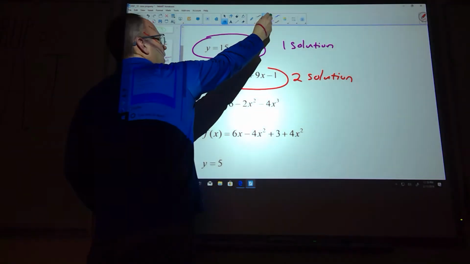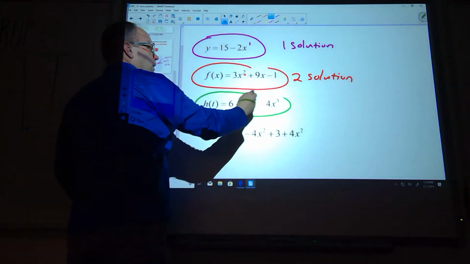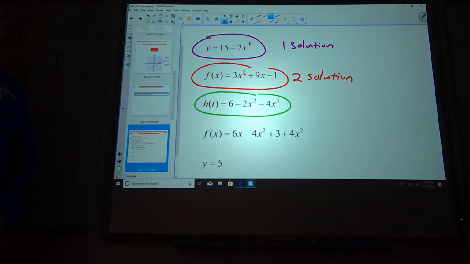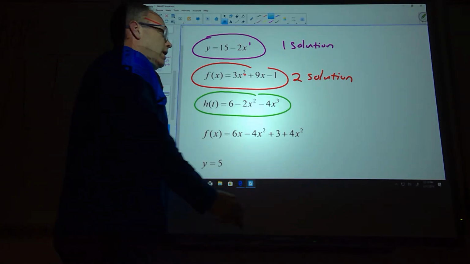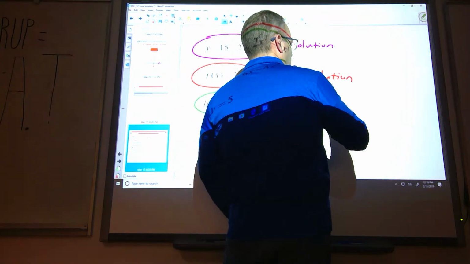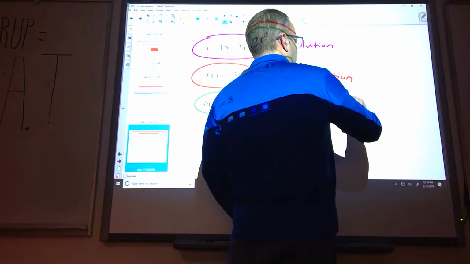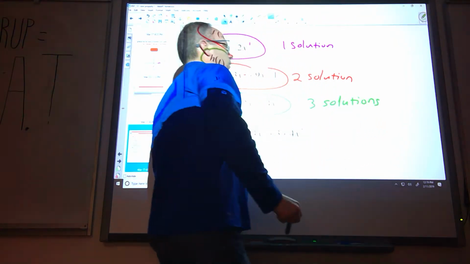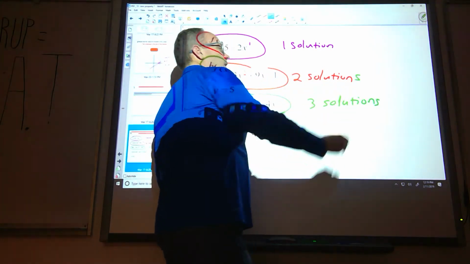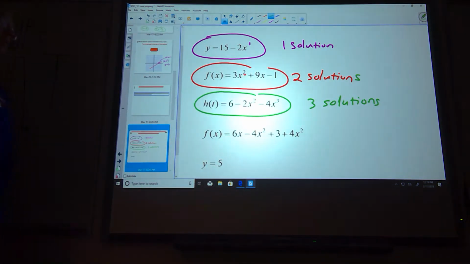What about this third one down here? Highest exponent is 3. So how many solutions does this look to have? 3. So that means it could cross the x-axis 3 times. I guess I should put an S at the end of that. 2 solutions, 3 solutions.